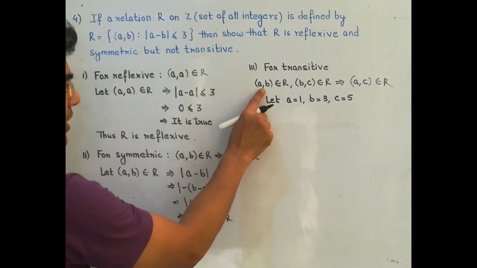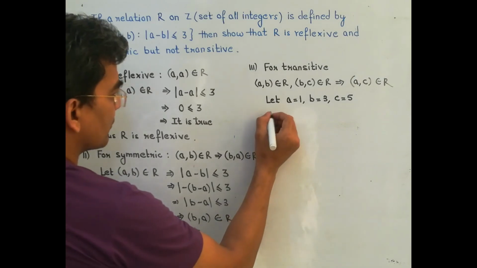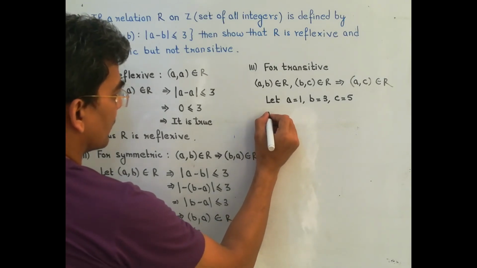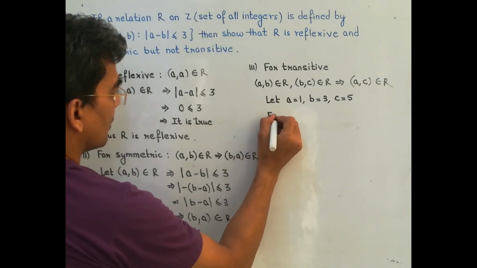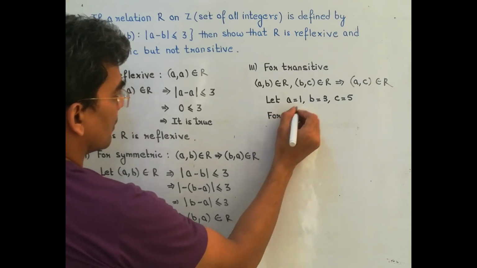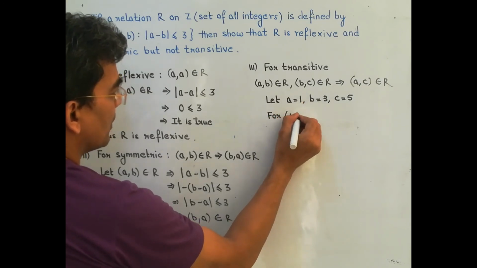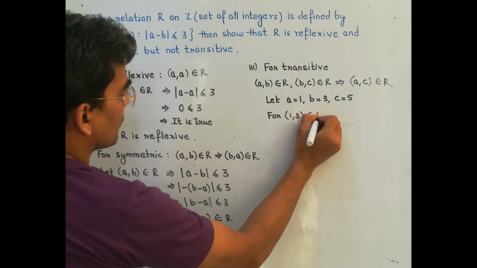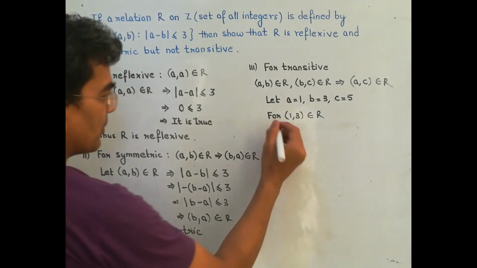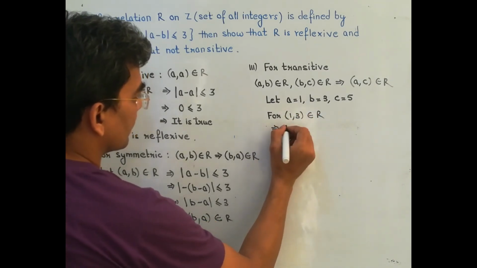Now first of all, a comma b belongs to R. So for 1 comma 3 belongs to R, what will be the relation?